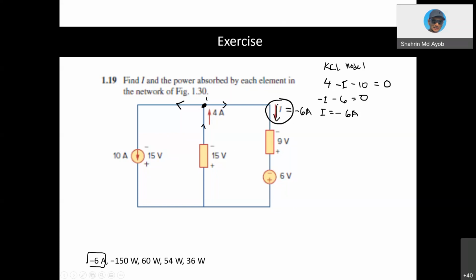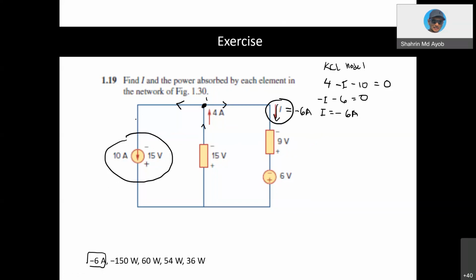Okay. Next is to find the power absorbed by each of these elements. Let's start with the current source first. By using the passive sign convention, the current going into the positive terminal must have a positive sign, but if the current is entering the negative terminal of the element, the power must be negative.